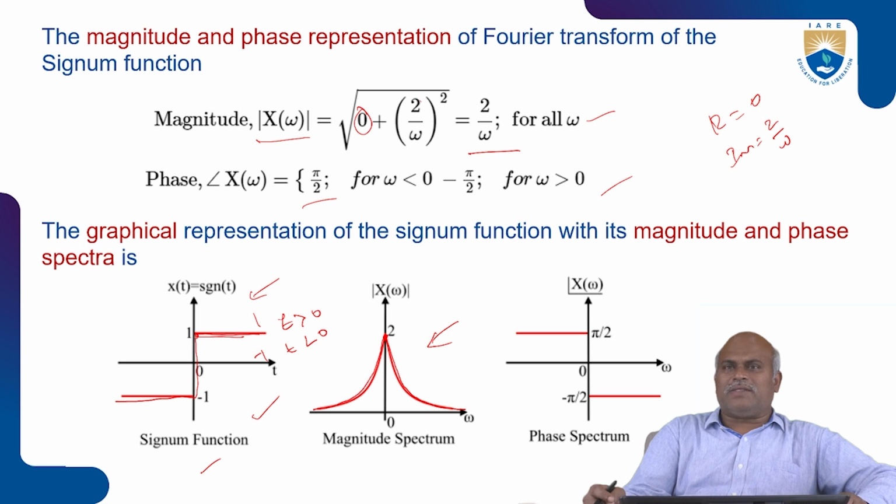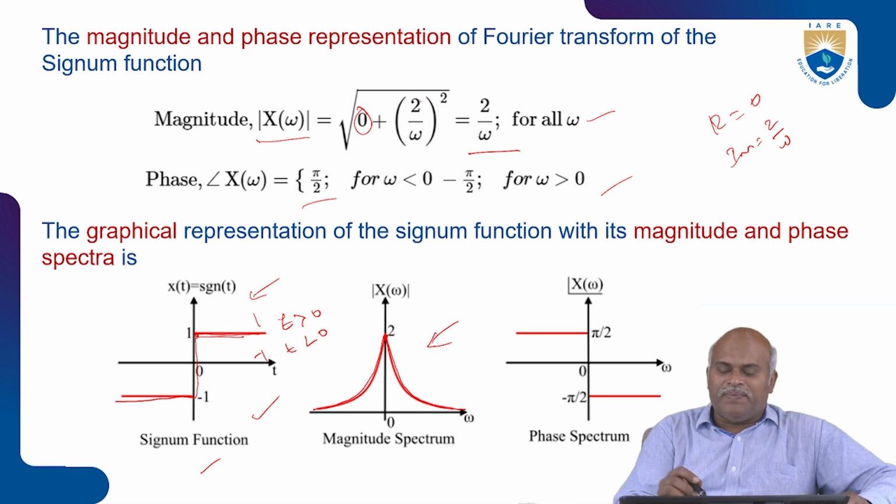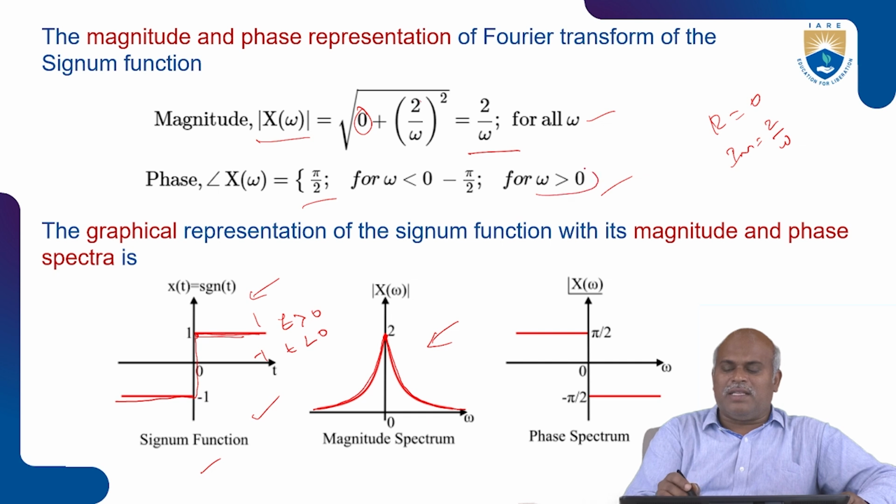Next, the phase response. What happens in the phase response? The phase response is represented as pi by 2 for omega less than 0, and minus pi by 2 otherwise. When omega is greater than 0, we get minus pi by 2, represented for omega greater than 0.